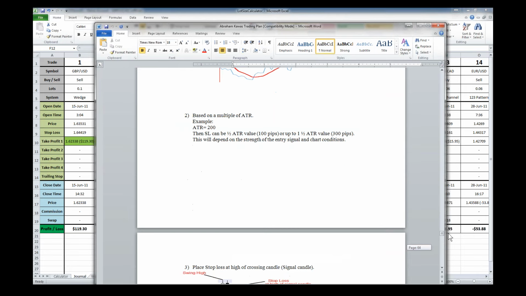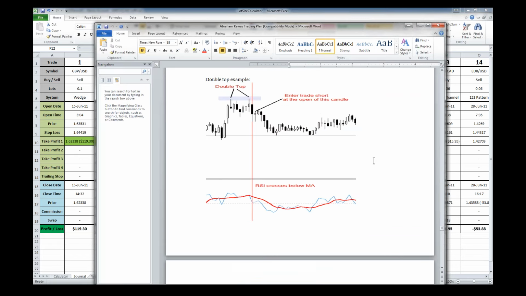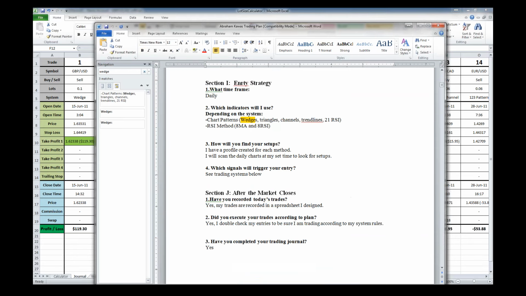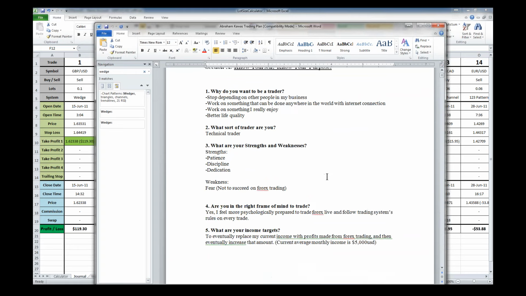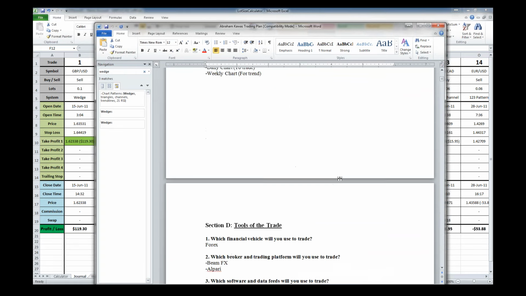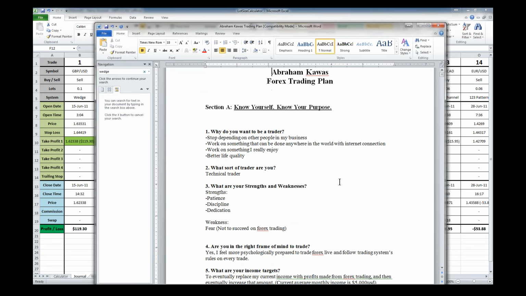Maybe try hitting Control F and then type wedge. Oh, let's try that. Control F. Oh, gee, I didn't know that. No matches. Oh, there we go. Well, the first time it mentions it is in his trading plan. And this is my questionnaire. If you hit enter again, it'll go to the next spot. It says there's 3 matches found.